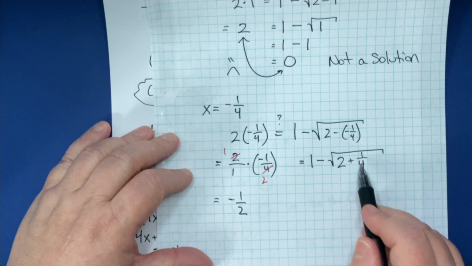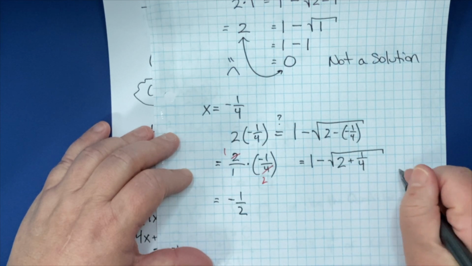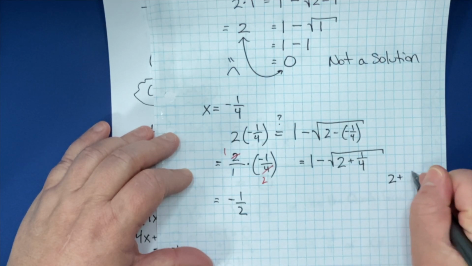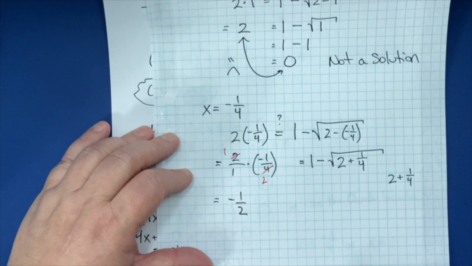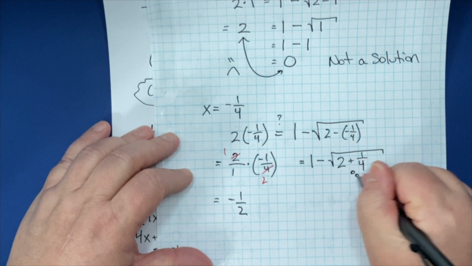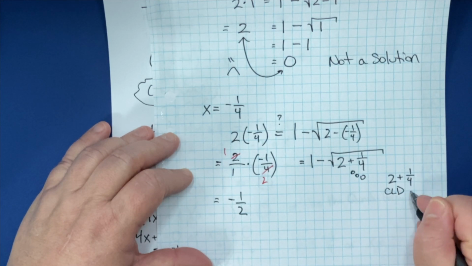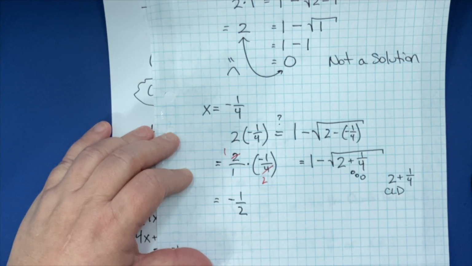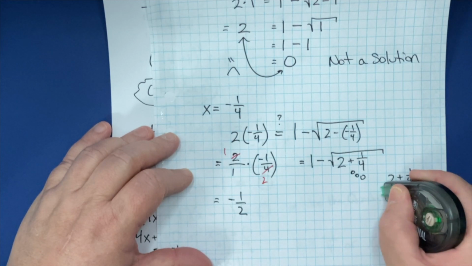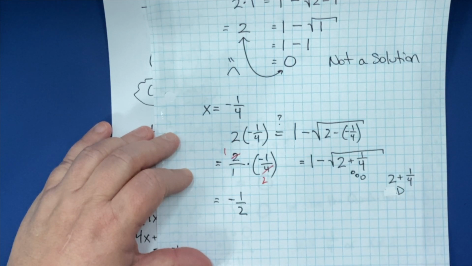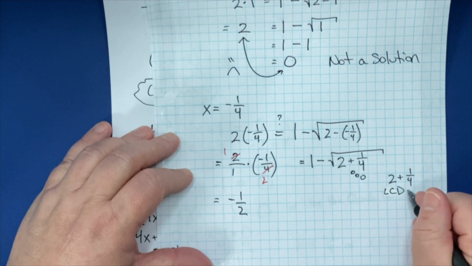So I've got to deal with 2 plus 1/4. So I'm going to work on that over here on the side. 2 plus 1/4 means I need common denominators. So my least common denominator is 4.